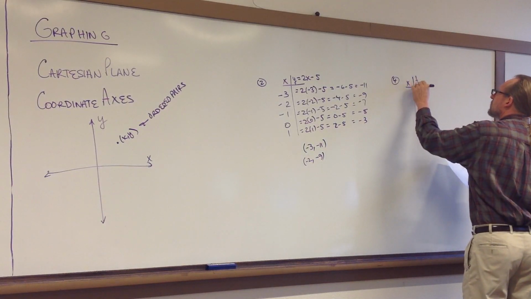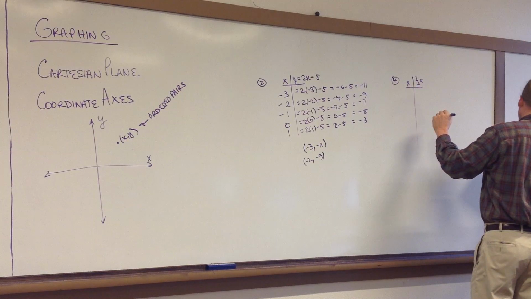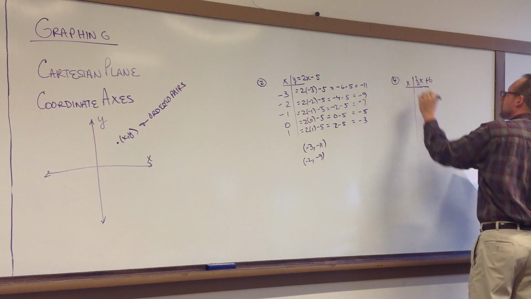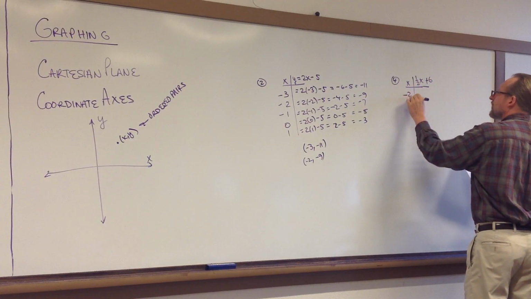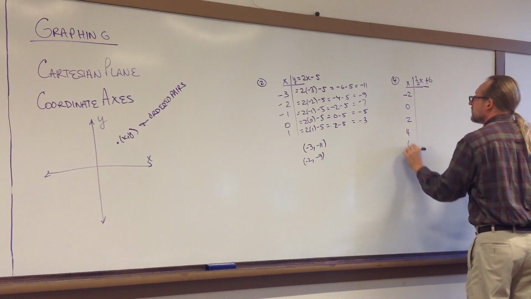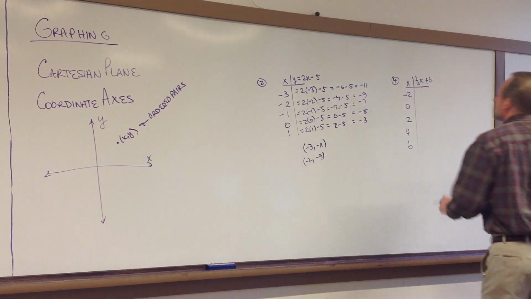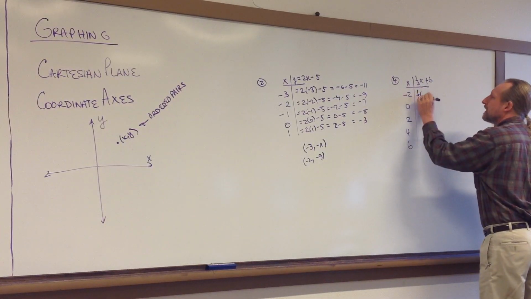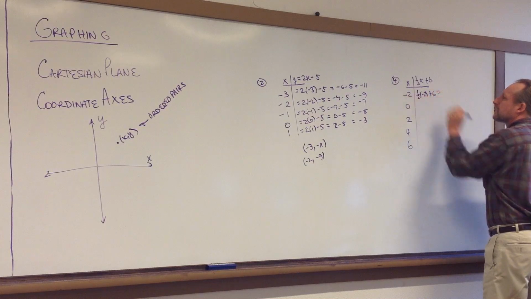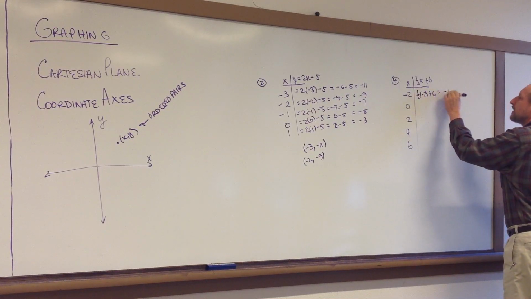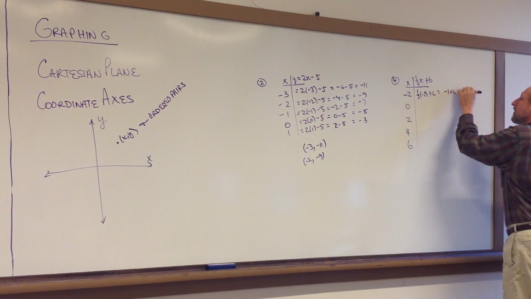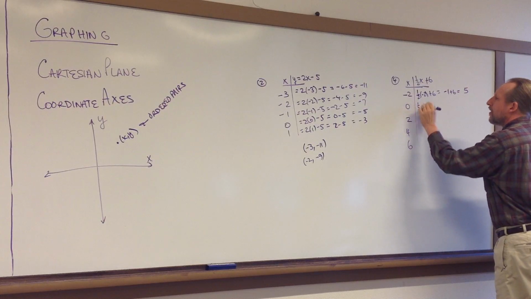We've got y equals a half x plus 6, and the x's we're working with here are -2, 0, 2, 4, and 6. Again, just plug in the x values for x. That should be -1 plus 6, which is 5.